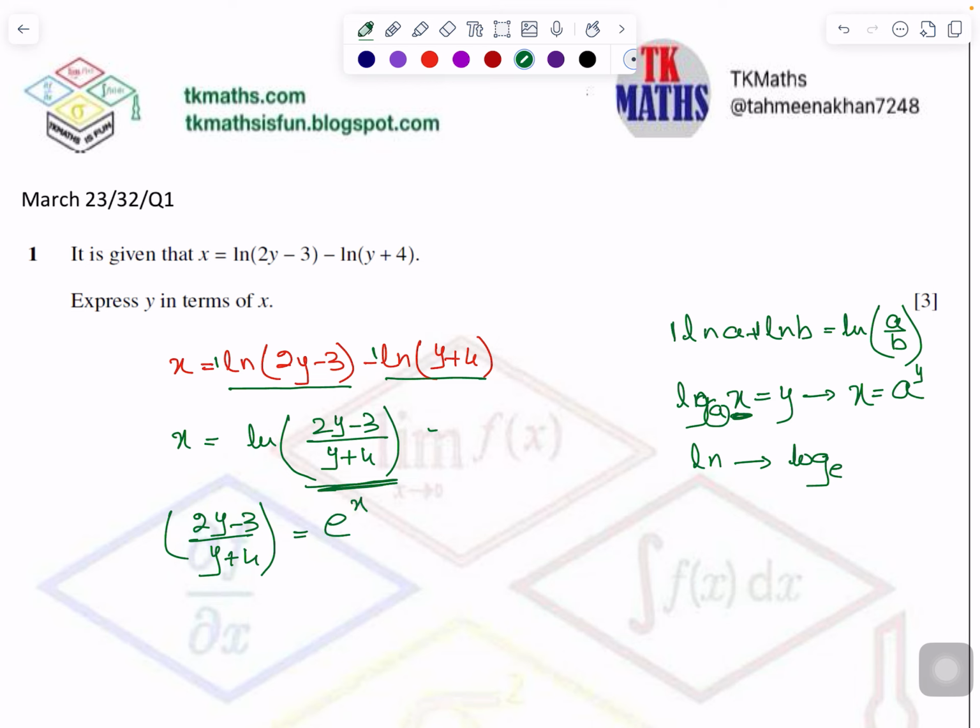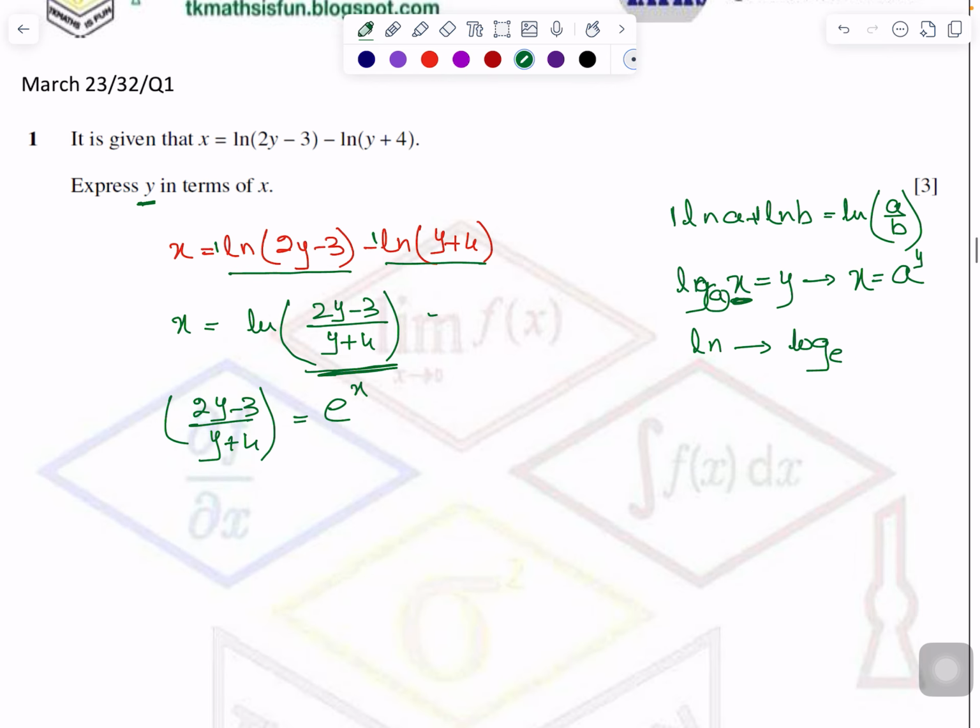Now I will cross multiply, because I have to make y the subject. So now it will be 2y − 3 = e^x(y + 4). Now I have to make y the subject, so let me separate the terms which have y in them. I need to expand the bracket now.